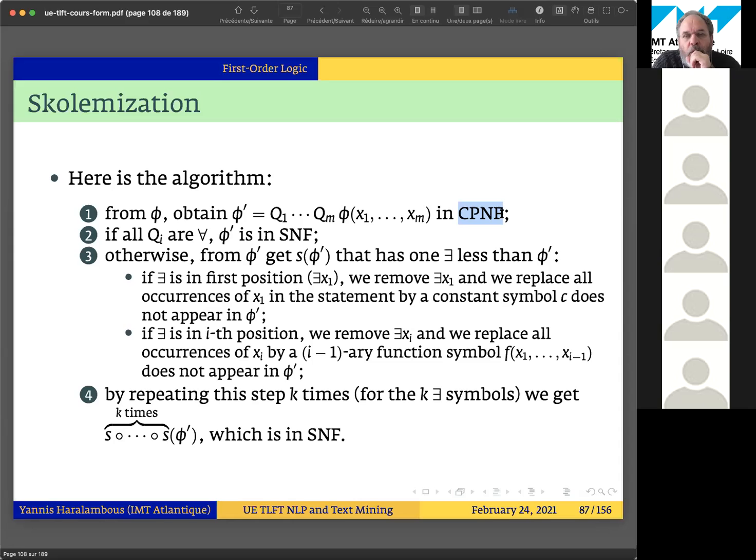Then it says there exists an X such that for all Y, for all Z, and so on, I have the formula.